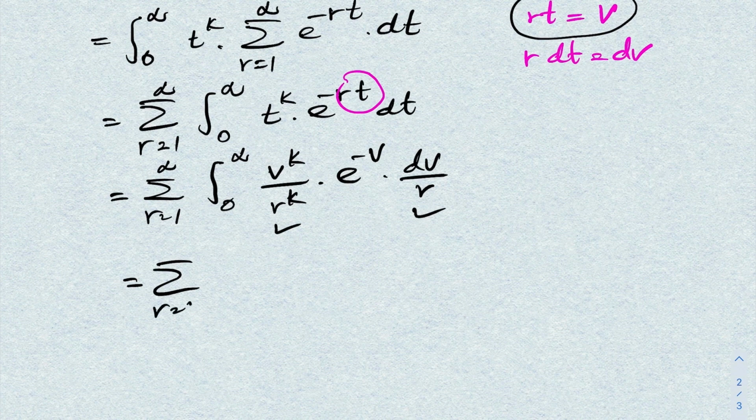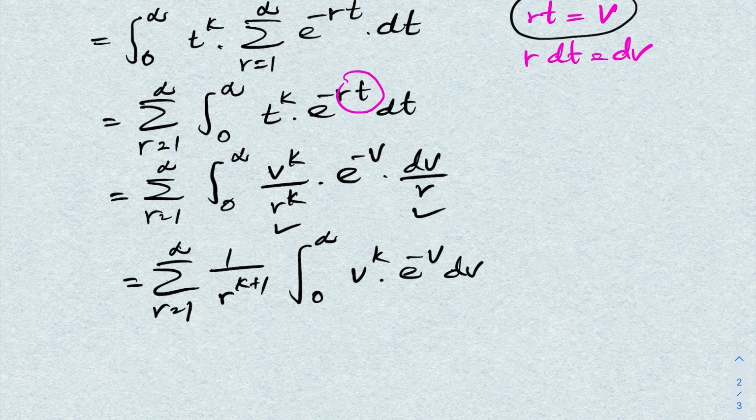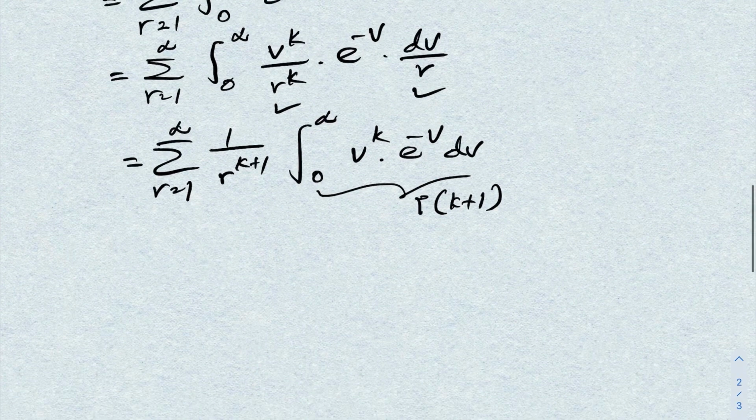So the sum r is equal 1 to infinity of 1 over r raised to the k plus 1 power, integral from 0 to infinity of v to the k times e to the minus v dv. Now we know this is the definition of the gamma function, gamma of k plus 1. We can take it outside the sigma notation.